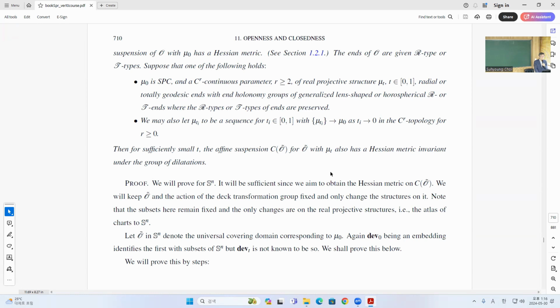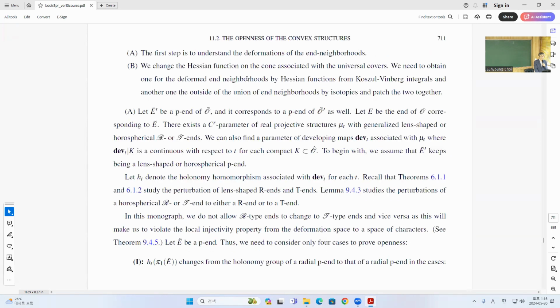Okay, so we will obtain these things here. So we will prove this for Sn, and we just want to obtain this Hessian metric. The step is to first understand the end deformation, and then we want to change the Hessian function on the cone associated with the universal cover.